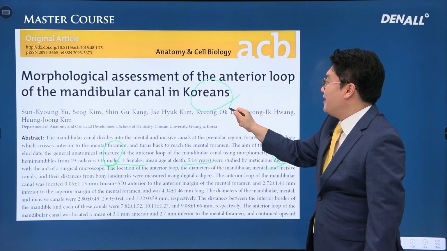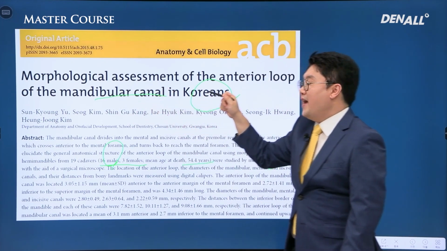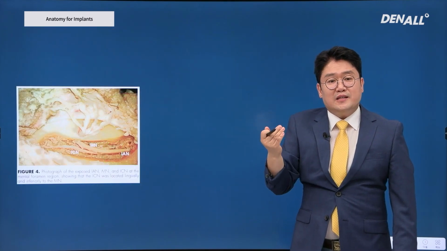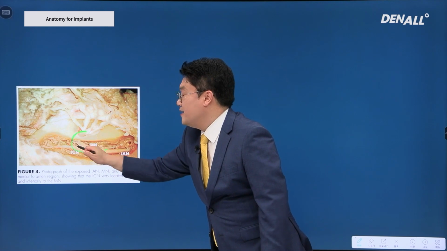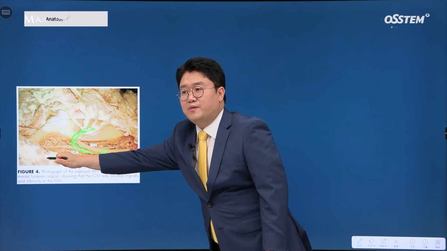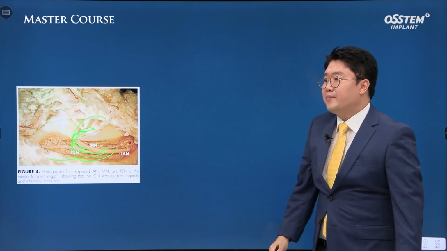According to this study, if you look at the research done on the mental nerve's anterior loop of Koreans, also in this study, it says that the loop existed. Incisive nerve, mental nerve loop, it seems to exist.